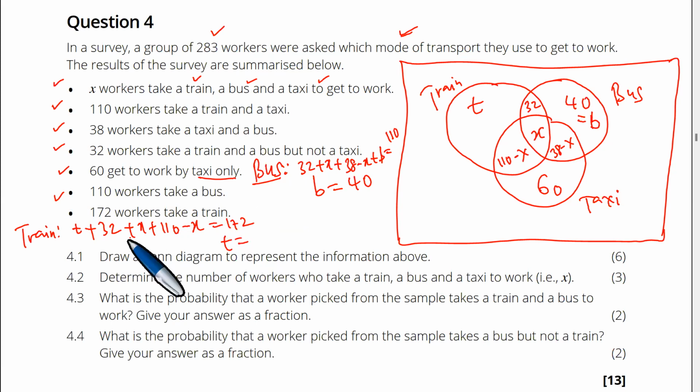So we have T plus 110 is 142 minus 172, which is exactly 30. So which means this T is 30. So you have exactly that one. Now this is what we sort of get here.